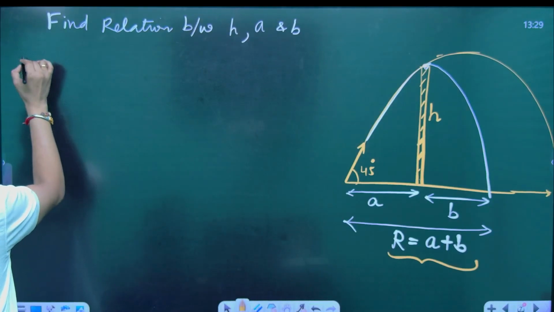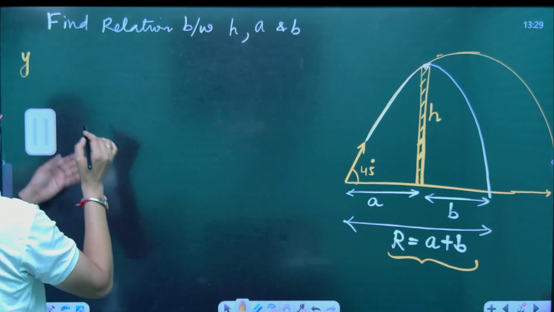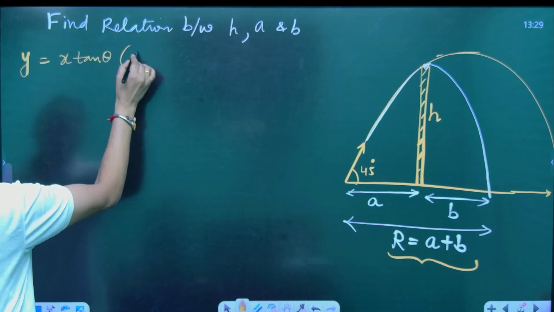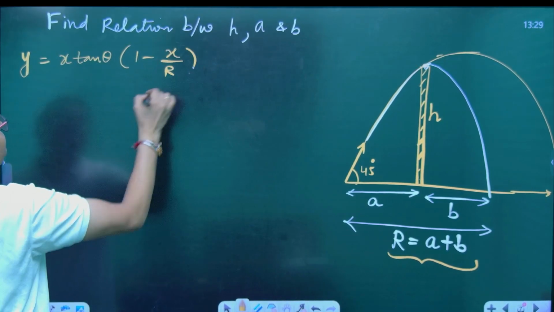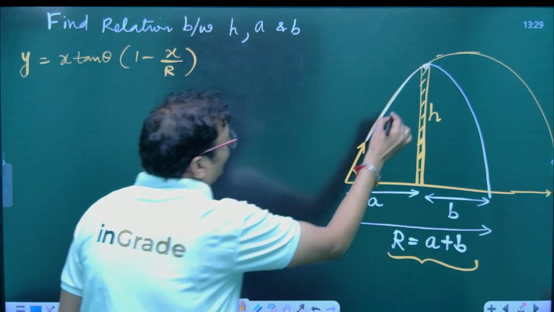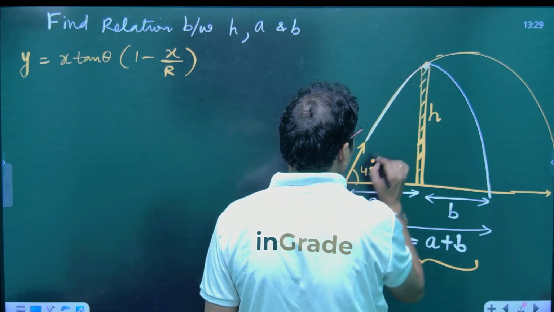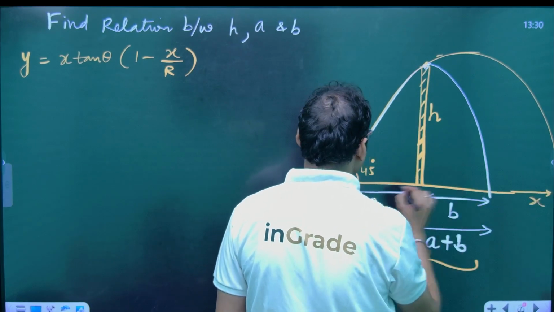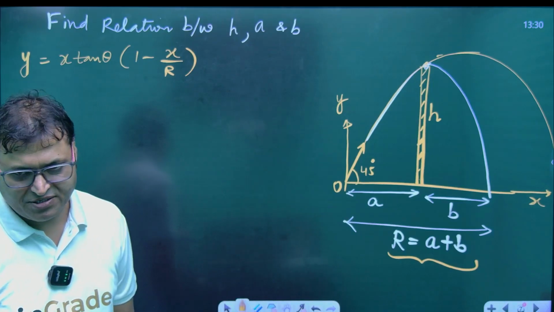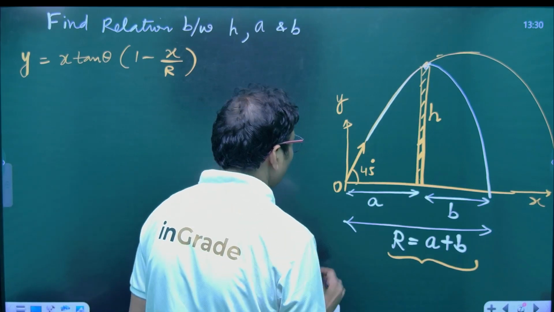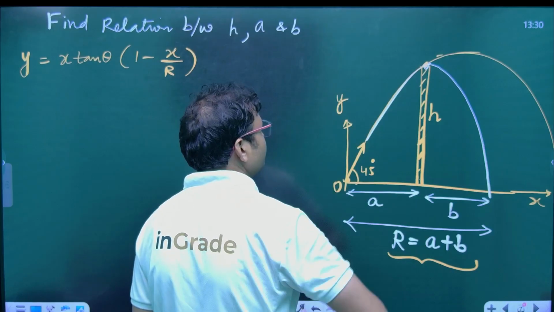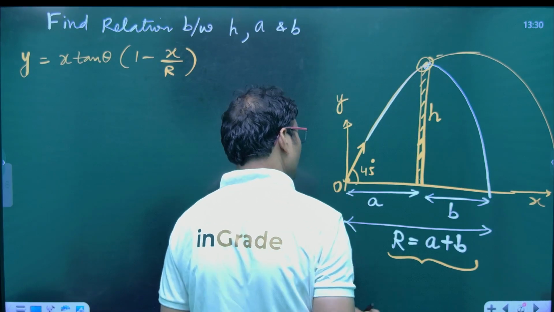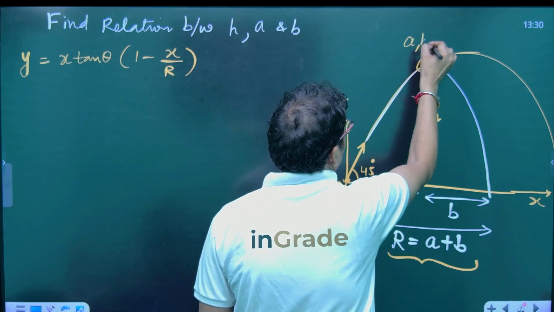Now our equation of trajectory is Y is equal to X tan theta (1 minus X by R), isn't it? This is our Y direction, this is our X direction, and the point of projection is the origin. We always take the point of projection as origin. So the coordinate of this point is (A, H).